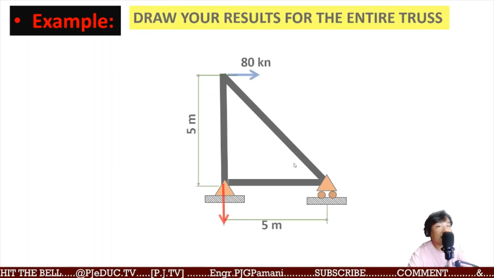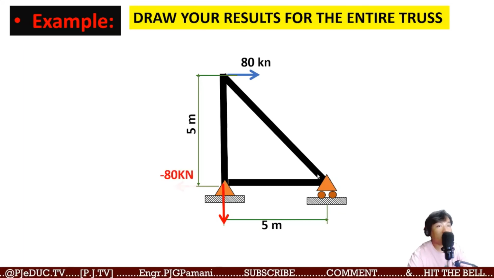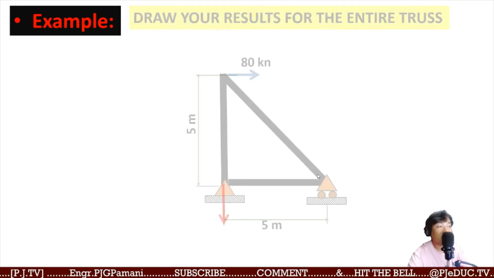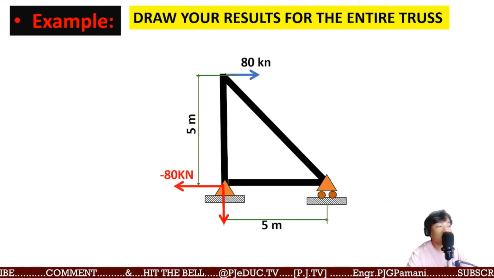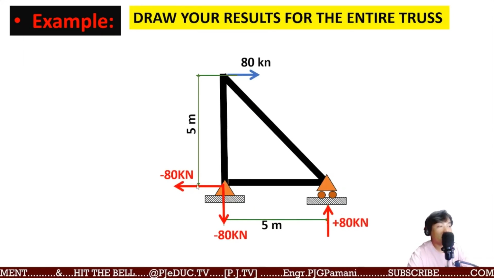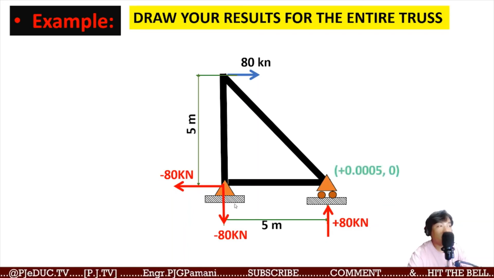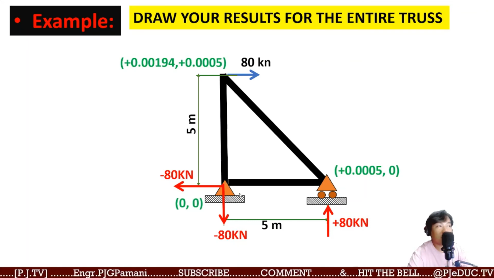Then, lastly, draw your result for the entire truss. Draw your result. How do we do that? Your reactions. Na-compute na natin yan kanina. Your deflections on each node. This is your 1, 6, 2, 3, 4, and 5.